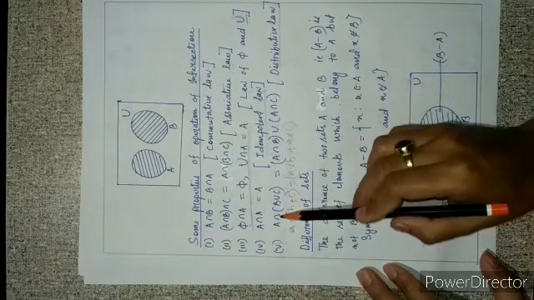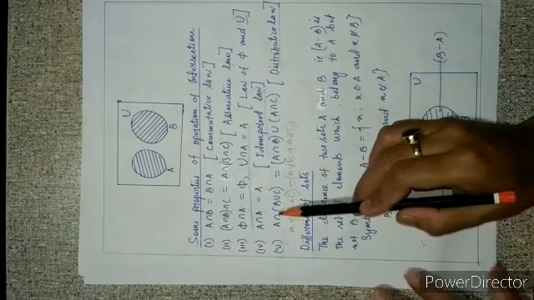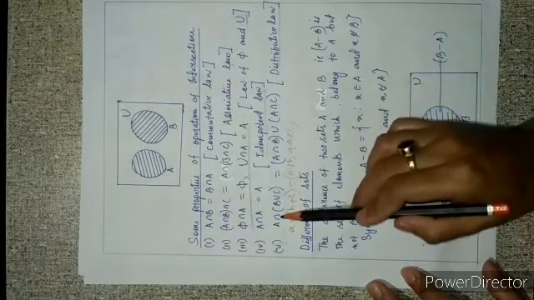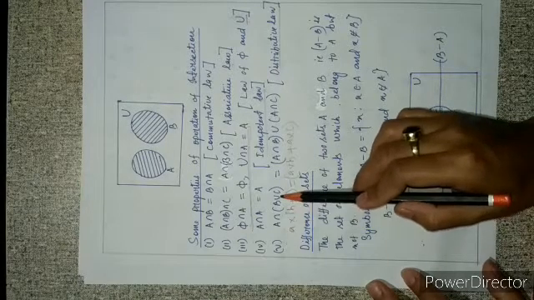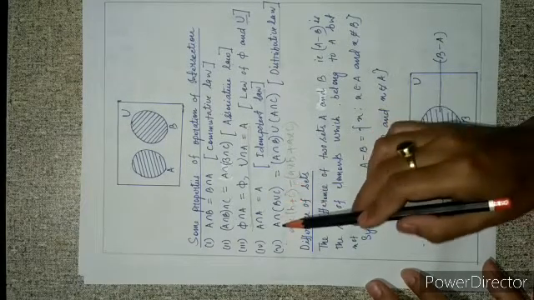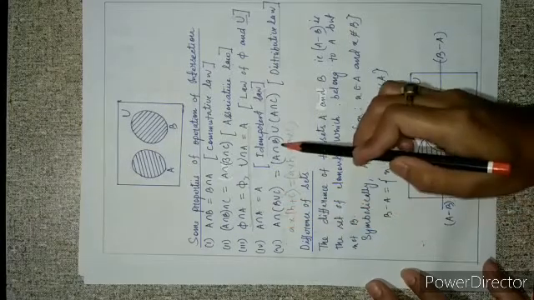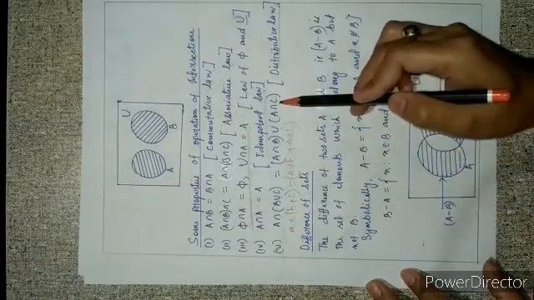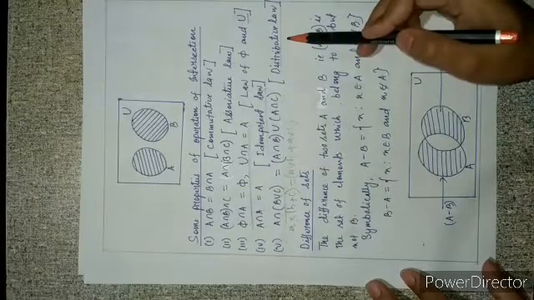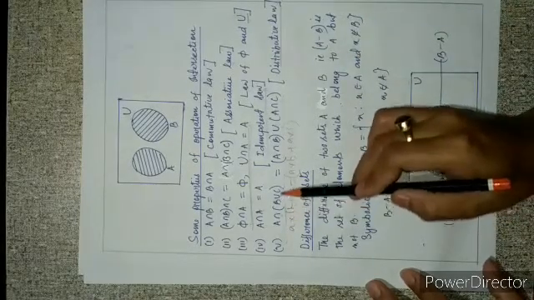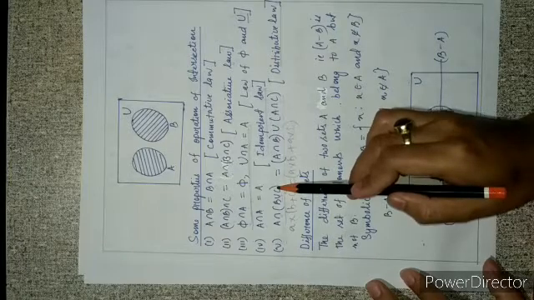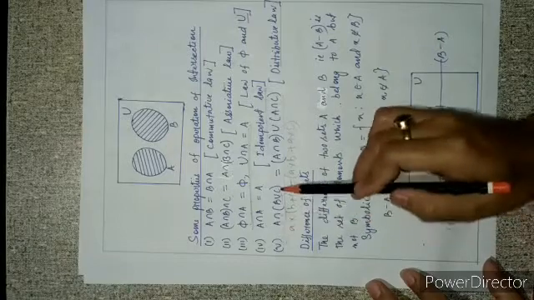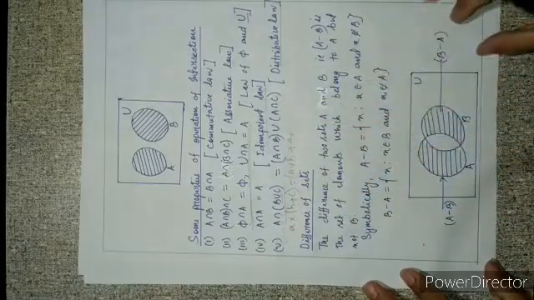Similarly, we have the distributive law of intersection over union: A intersection (B union C) is equal to (A intersection B) union (A intersection C), and this law is known as the distributive law. That is, A intersection (B union C) means taking the union of B and C, then intersecting with A, which equals taking the intersection of A with B and the intersection of A with C, then their union.